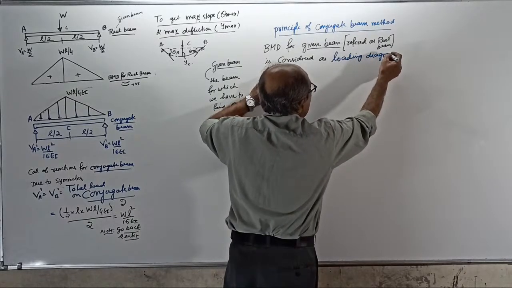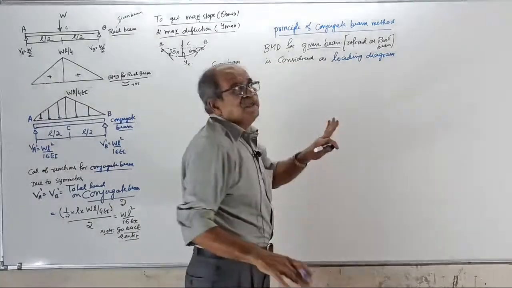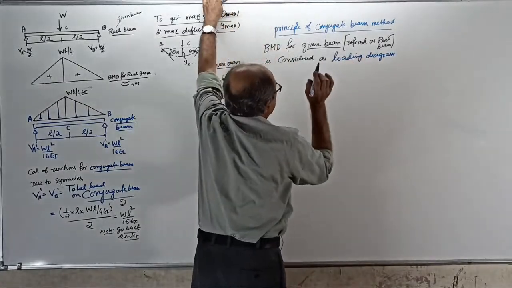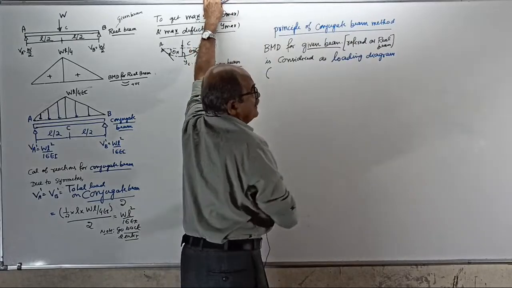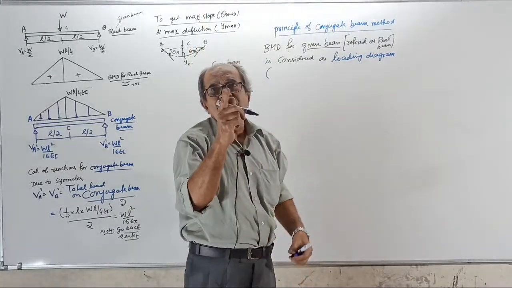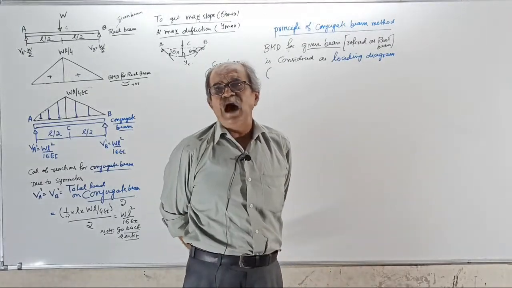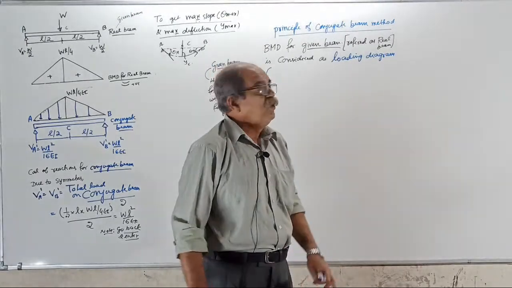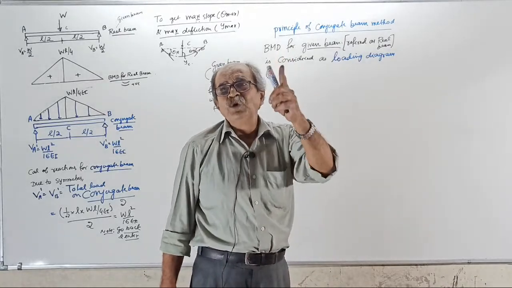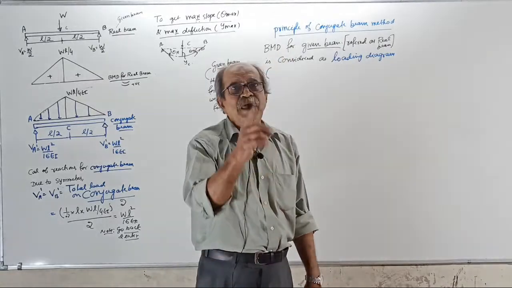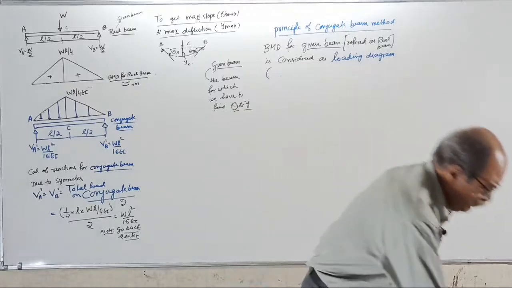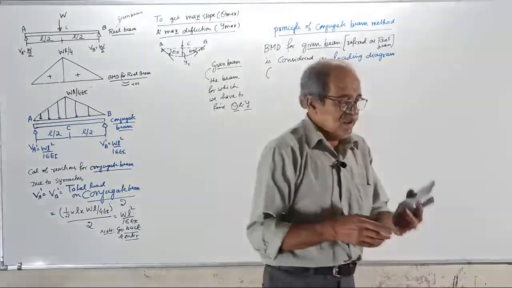That is some type of load. Pure imagination. Loading diagram, in the bracket I will write. When you say loading diagram, it is either UDL or UVL. It can't be a point load, remember. So tell me how you define UDL or UVL. First.